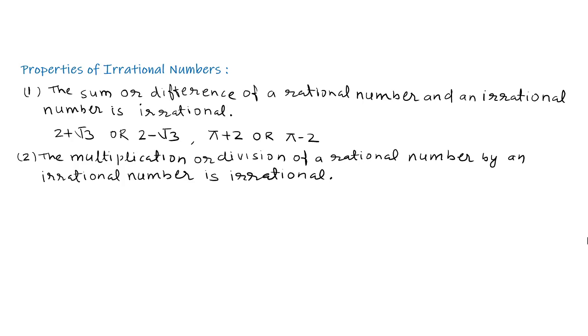And we give the examples. 2 multiplied by root 3 is equal to 2 root 3. 2 is rational number and it is multiplied by root 3, which is irrational, and their product 2 root 3 is irrational. 2 divided by root 3 is equal to 2 upon root 3. 2 is rational, root 3 is irrational, and their division 2 upon root 3 is irrational.